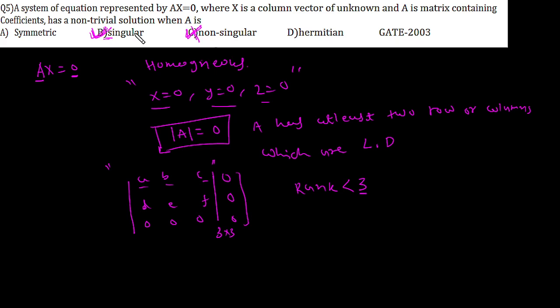Option B is the correct one, because non-singular means determinant not equal to 0, but we need it equal to 0. So matrix A must be singular. Sorry for that. Option C is the wrong one. Option B is the correct condition for matrix A to get non-trivial solutions.